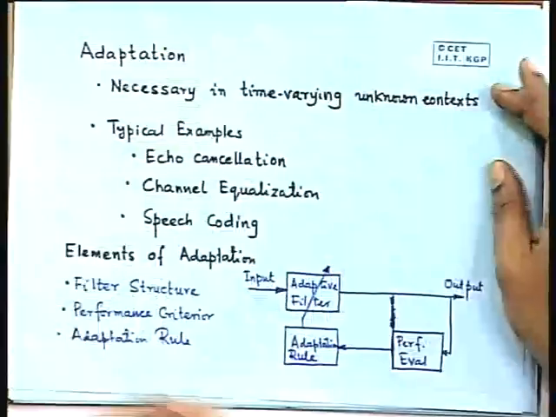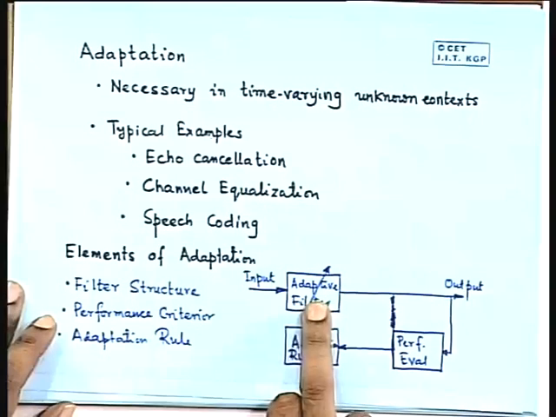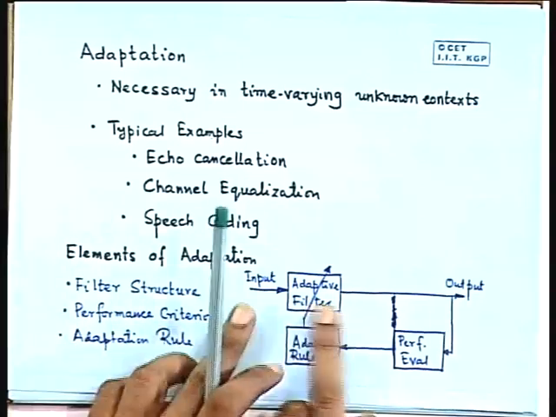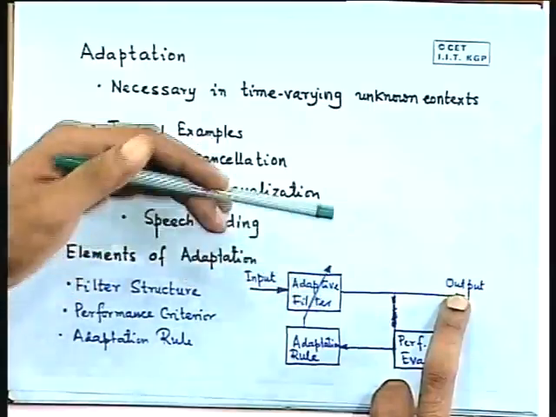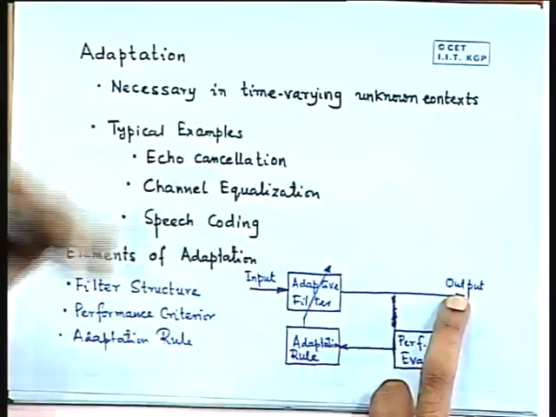Basically, in any adaptive system that includes an adaptive filter, the basic structure is like this. You have a filter. This is the filter which you want to adapt, so that you get some good performance in the output. In the case of signal processing, this is a filter. You could have an adaptive control.